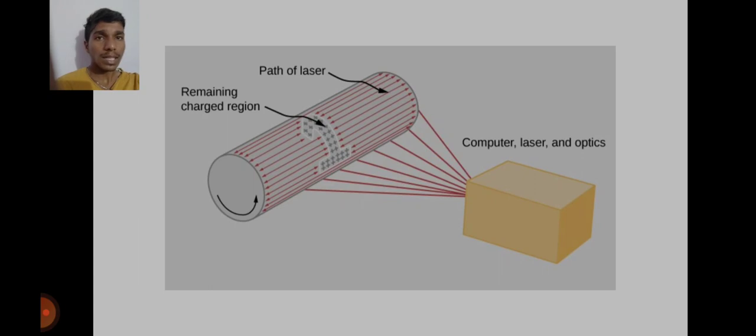Here this diagram shows the laser printer. The laser is coming from the computer or laser optics, and then it is applied to a drum. Here we can see the path of the laser and the remaining charge region. So that is the example of a laser printer.